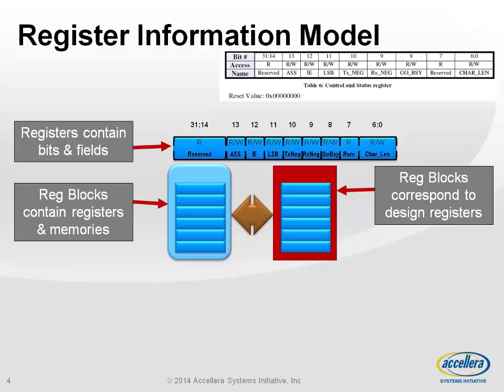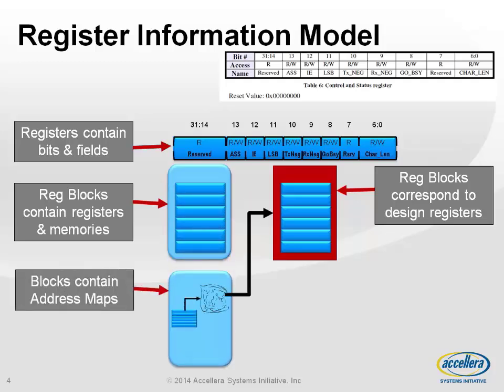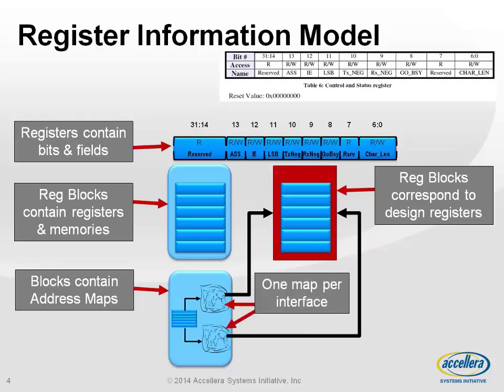The other thing that we then have to do is take the registers in the register block in our test bench and map them to those physical registers in our device. We do that through what we call an address map. For each interface into the DUT, we have a separate address map in the register block that we use to access those registers. There's a default address map that we use, or if we want to go through the other one, we can specify that explicitly.